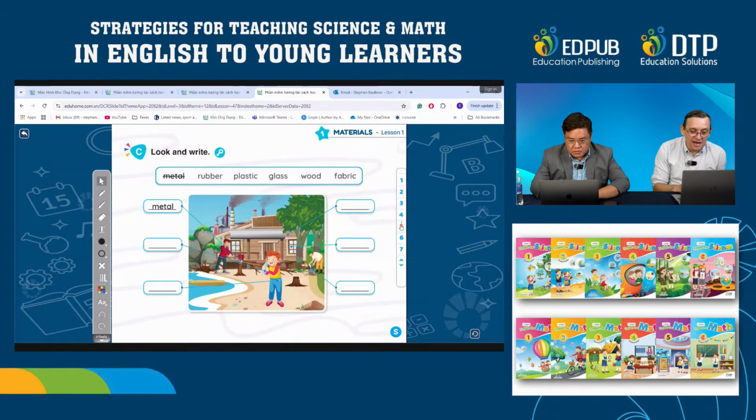We have a matching activity where we match, remember the big picture? And there we go, and we match the different materials to the different parts of the picture. Now, students can write this in their book, but also you can have students come up to the interactive screen or board, and they can drag and drop the different materials to the picture.